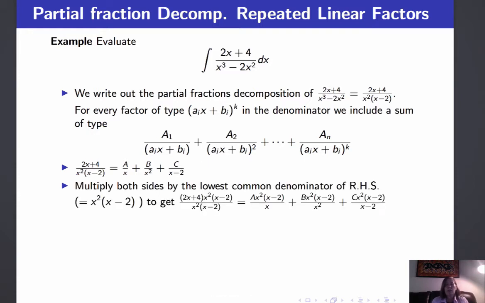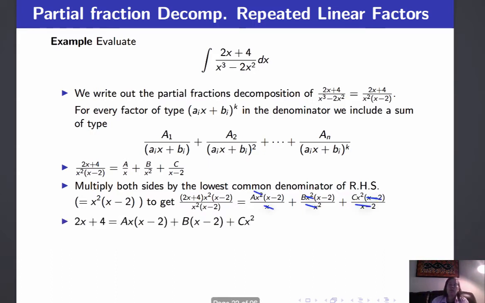So multiplying by x squared times x minus 2 on both sides of the above equation gives us 2x plus 4 on the left-hand side is equal to a times x squared times x minus 2 over x, plus b times x squared times x minus 2 over x squared, plus c times x squared times x minus 2 over x minus 2.